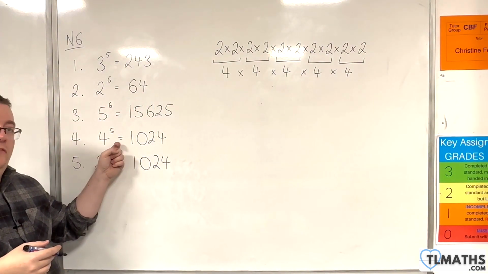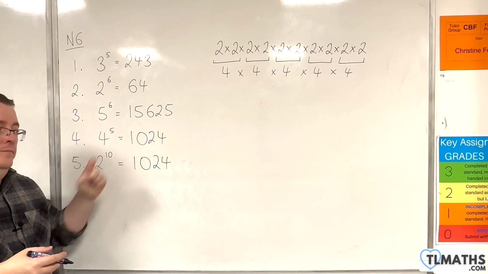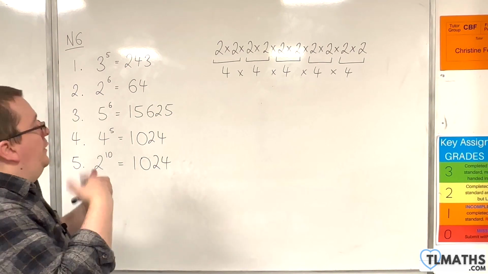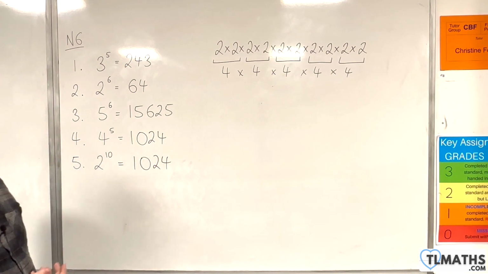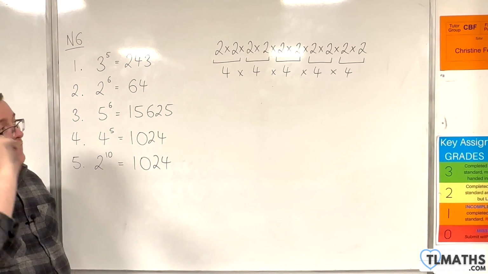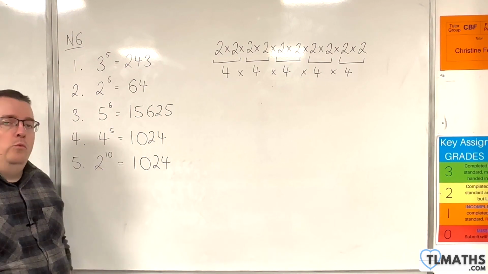So exactly the same result as we had before. There are other ways of looking at it using indices as well to spot that they're the same. But I'll leave that connection like that because it links in with what we're doing now.